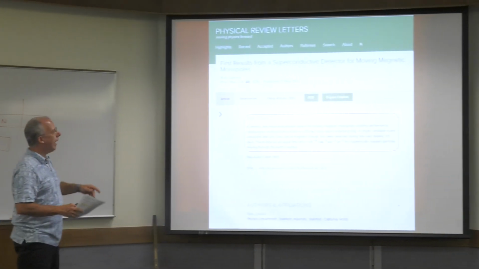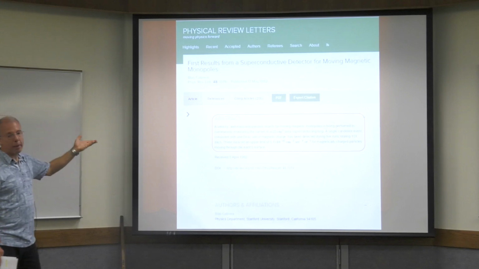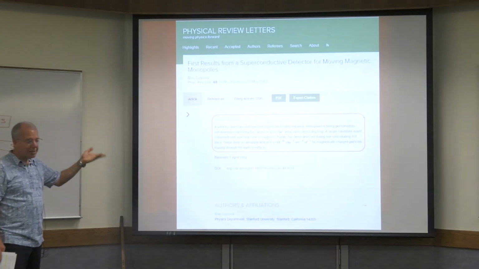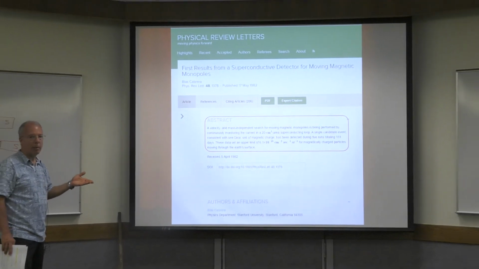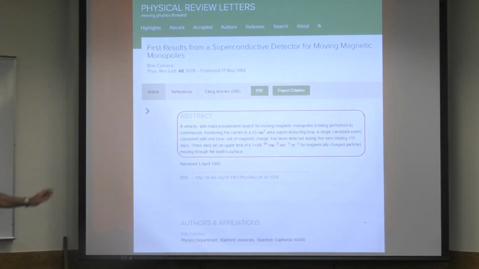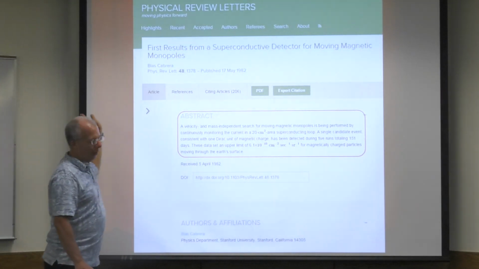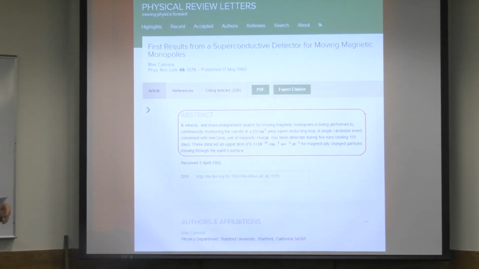In 1982, there was a guy at Stanford, and he published a paper saying that he found an event, in other words, evidence of a magnetic monopole. But when they repeated the experiment over and over again, they never found it. So basically, this paper has been discredited. But again, people are still looking for these things. So don't be totally shocked if one of these days you read in the newspaper that they found a magnetic monopole.